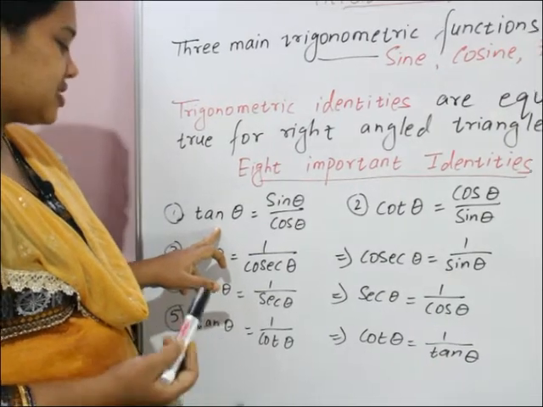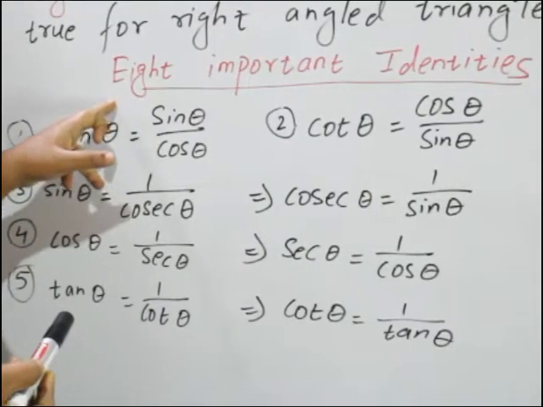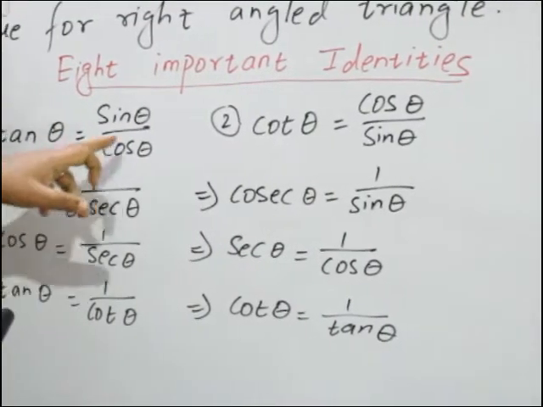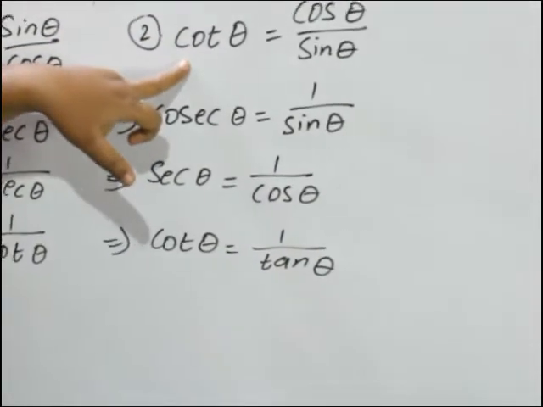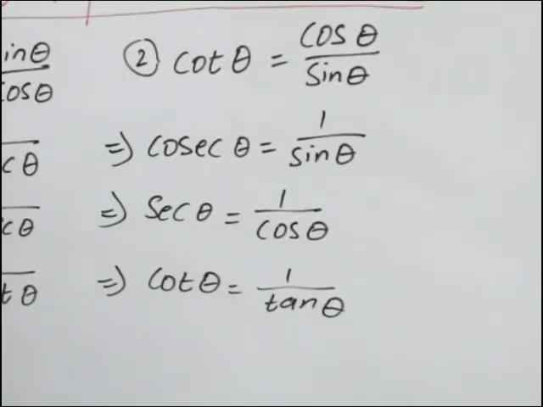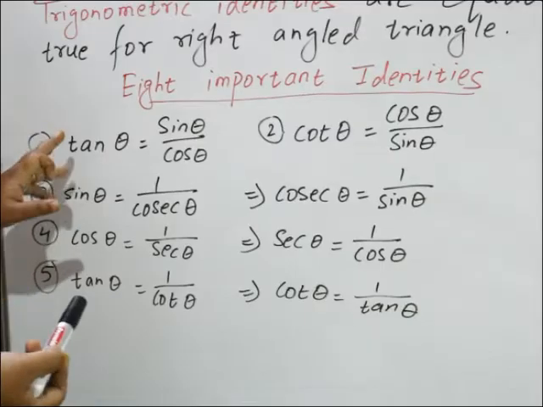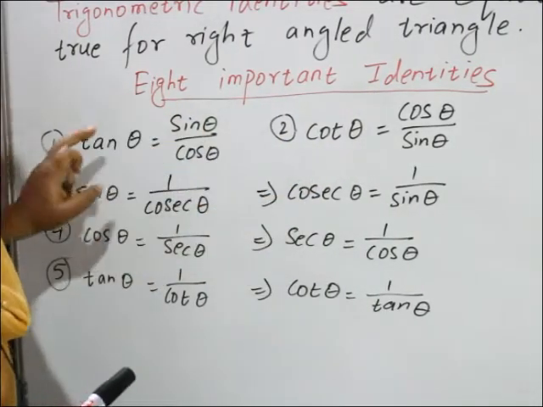First identity: tan theta is equal to sin theta by cos theta. Second identity: cot theta is equal to cos theta by sin theta. You can remember, children, tan theta and cot theta are reciprocals of each other, yes or no?